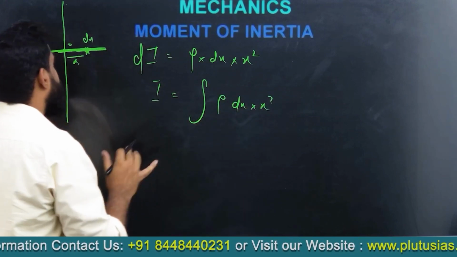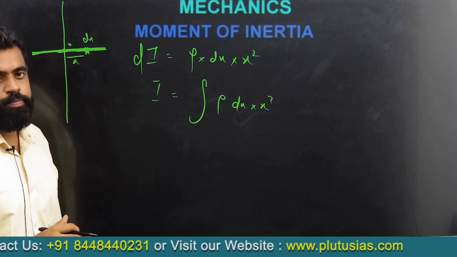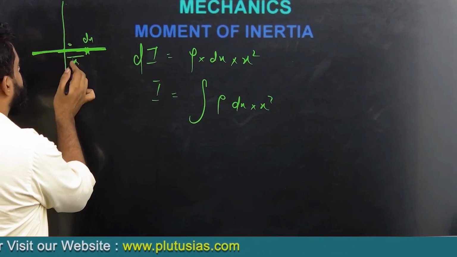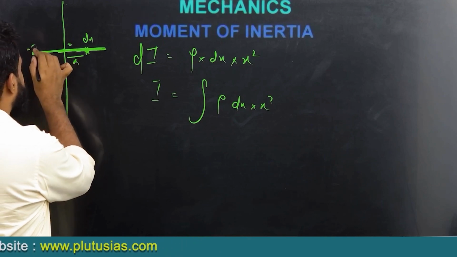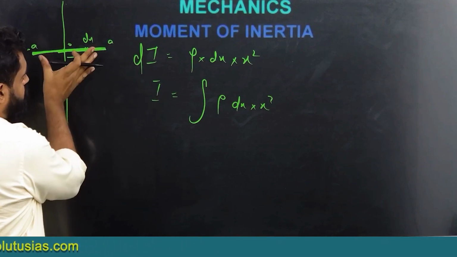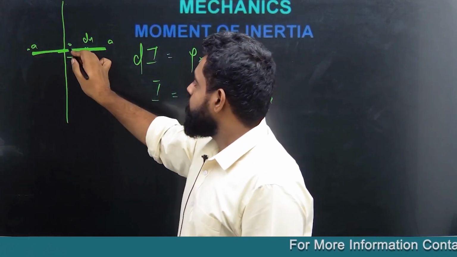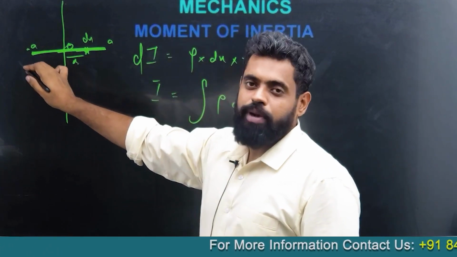Now what changes here is the integrating limit. With this reference as origin, it varies from minus a to plus a. This is of length 2a passing through the center, and this would be the origin.